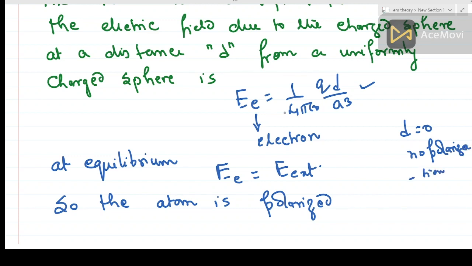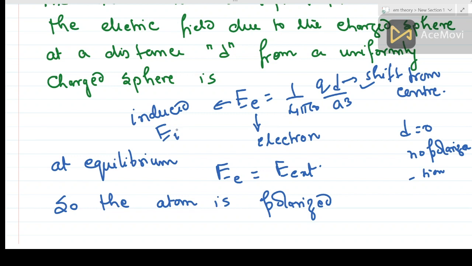If d is 0, remember this is the shift from the center, there will be no induced electric field, E induced, and there is no polarization.